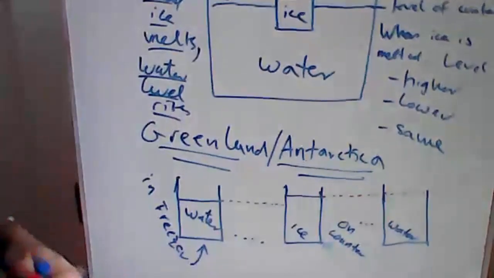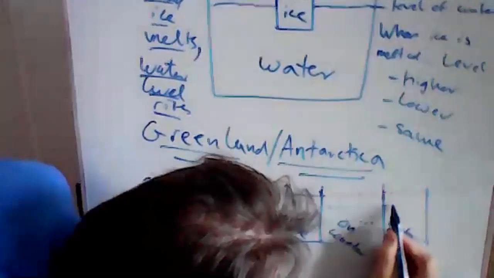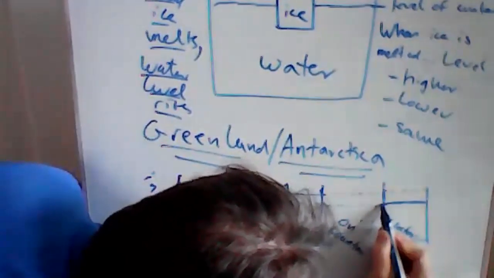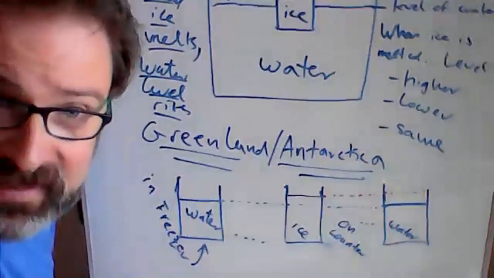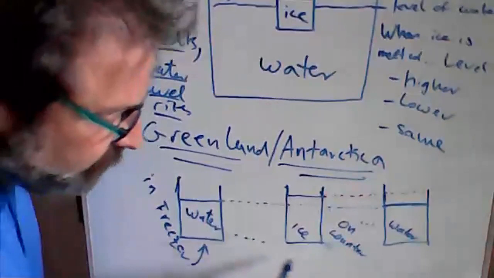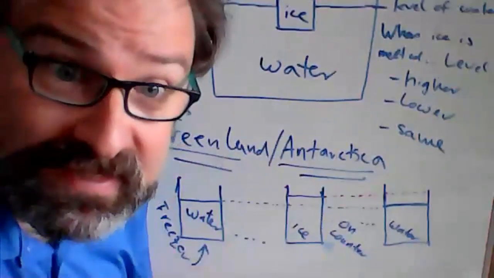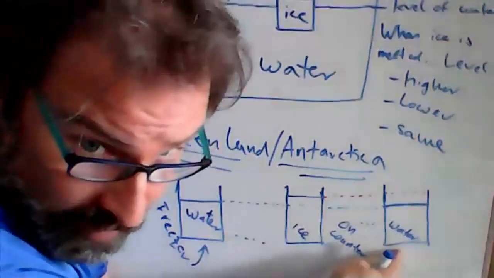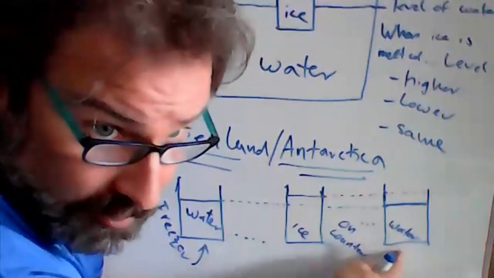And this comes back to the level that we had at the start. Does that make sense? Yes. So for the same mass, the same amount of ice, when it melts, it turns into a smaller volume of water.